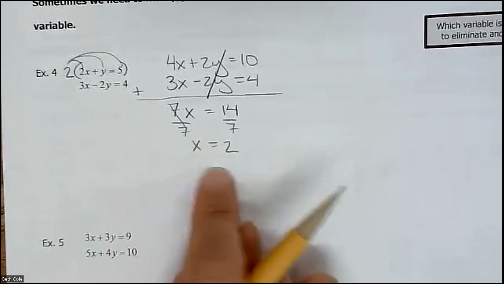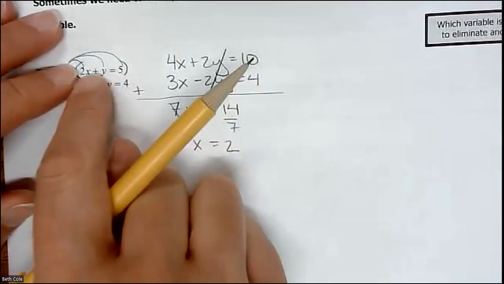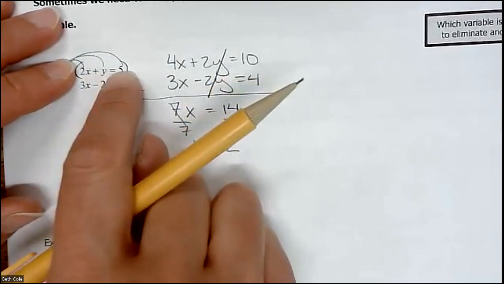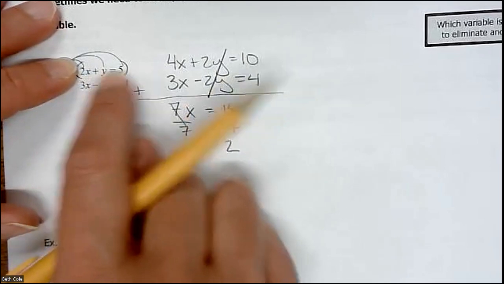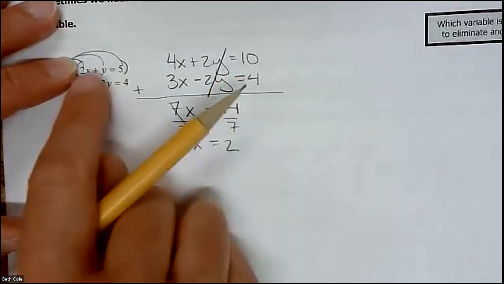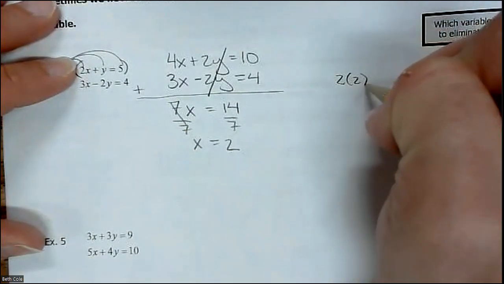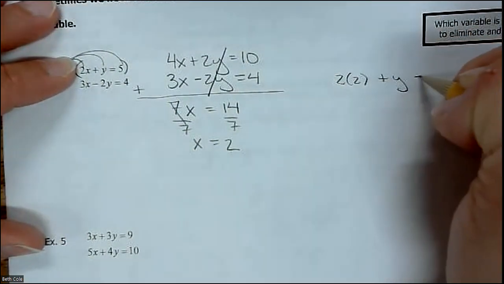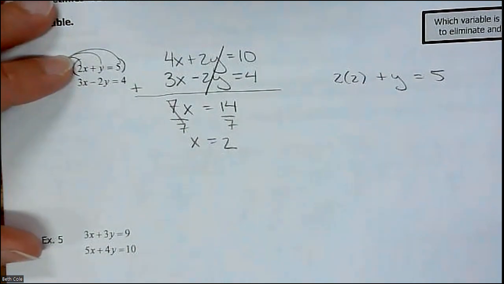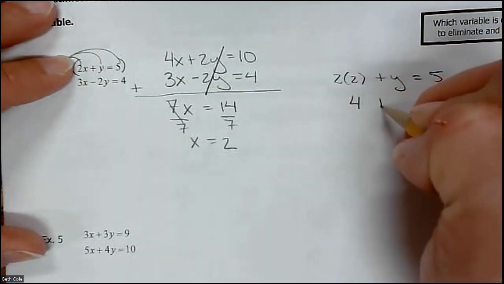You're going to plug 2 back in for x. I would use the original first equation. This one right here. You're going to plug 2 in for x. So it will be 2 times 2 plus y equals 5. And yes, 2 times 2 will be 4. And if you're comfortable doing that part in your head, then that's fine.